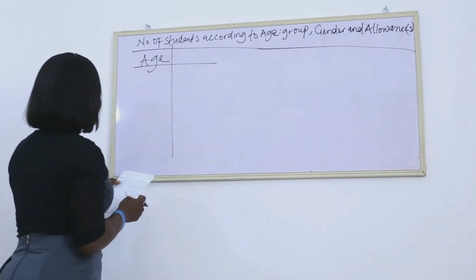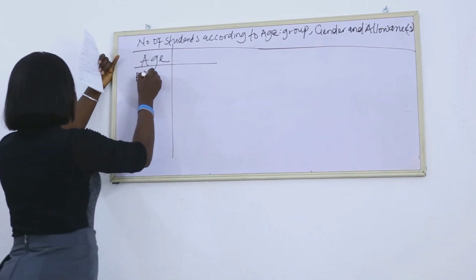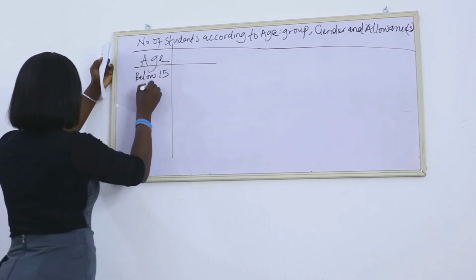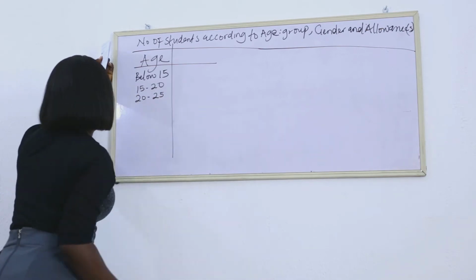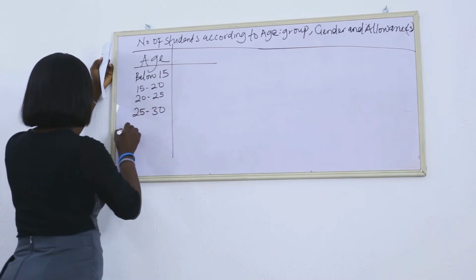And we are looking at the age. We already know the age groups that we are looking at. We said below 15, then between 15 to 20, 20 to 25, 25 to 30, then above 30.